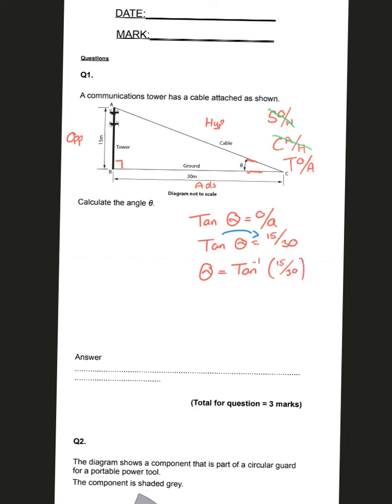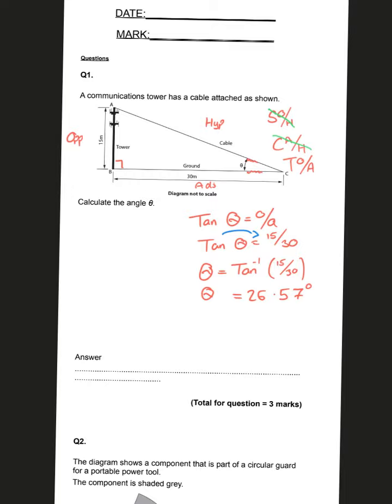You can plug that straight into your calculator, and it's going to tell you that theta is equal to 26.57 meters. Oh wait, sorry. Theta is an angle, so my mistake. 26.57 degrees.